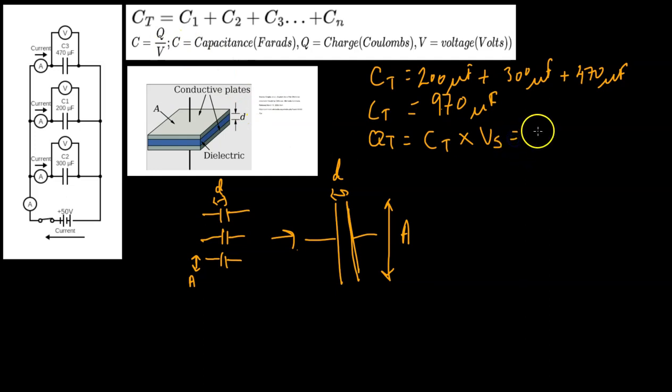What that tells us is that you're going to have 970 microfarads. And importantly, we have to convert this back into farads, so multiply by 10 to the negative 6. That'll turn it back into farads. And then we have to multiply it by the supply voltage, which is 50 volts in this case.